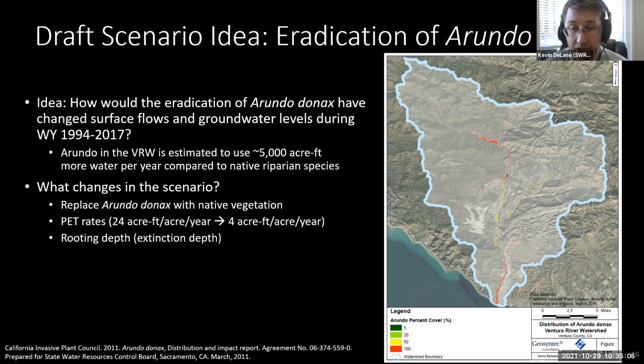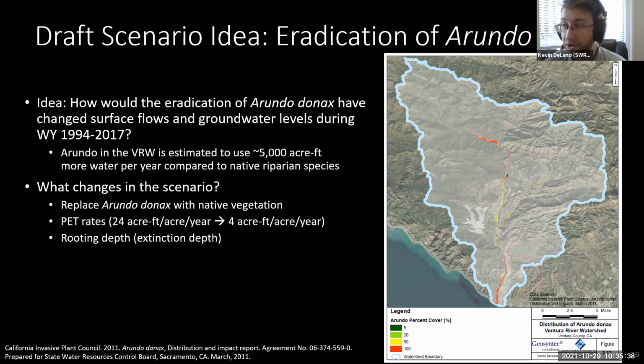That would change the land use, or the vegetation type, and we would be reducing the evapotranspiration rates for Arundo and altering the rooting depth to reflect native vegetation instead of Arundo. And just as a ballpark, Arundo uses 24 acre-feet of water per acre per year, versus native vegetation, which uses about 4 acre-feet per acre per year.